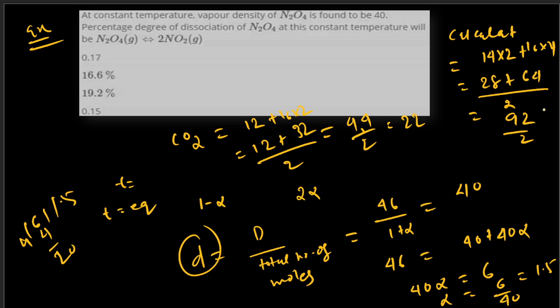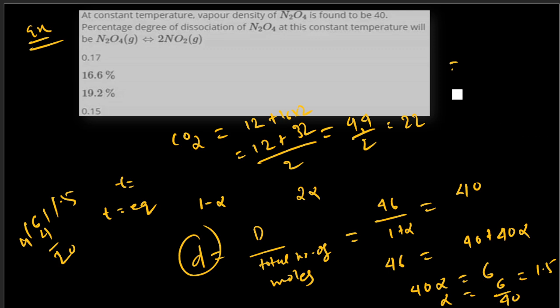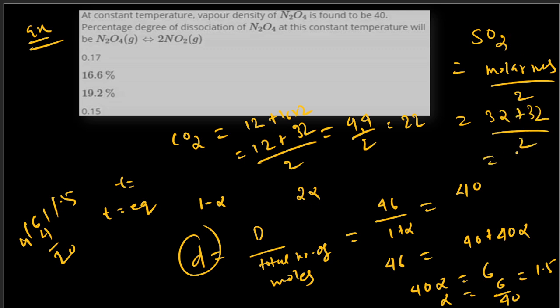Suppose you are asked to calculate the real density of SO2, then molar mass divided by 2. The molar mass is 32 plus oxygen 16 into 2, which is 32, so 64 divided by 2, that is again 32. So like this.